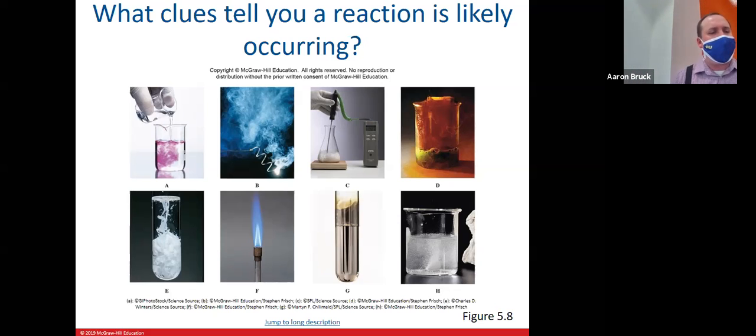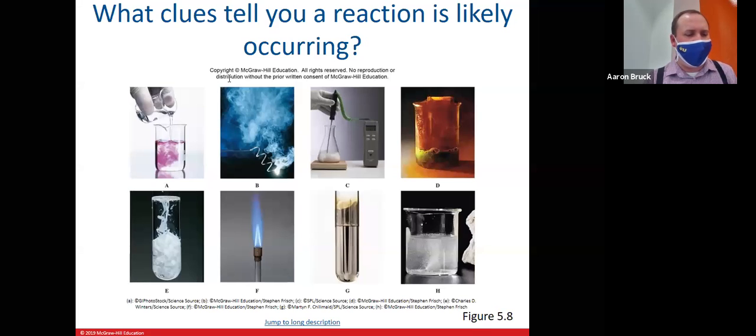What are some things that are happening in these pictures to let us know that these are chemical changes rather than just simply physical changes? So what do you see here? What are some things that jump out, letting me know that there's a chemical process going on?